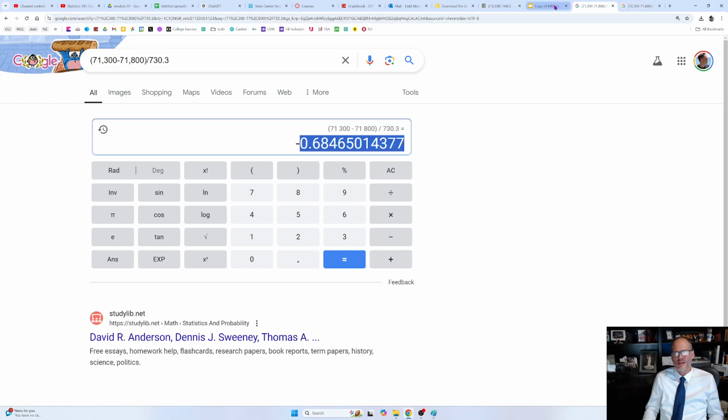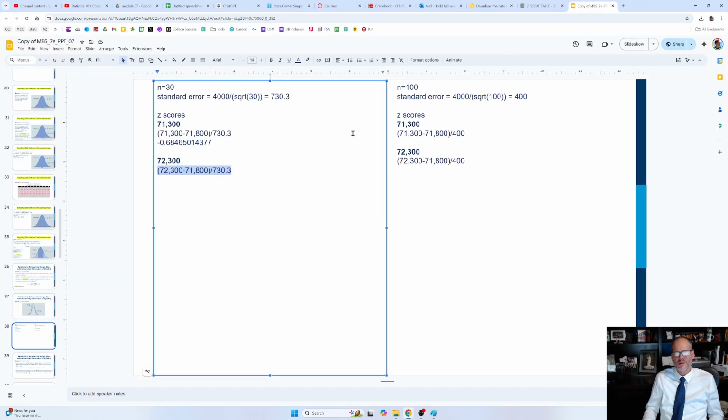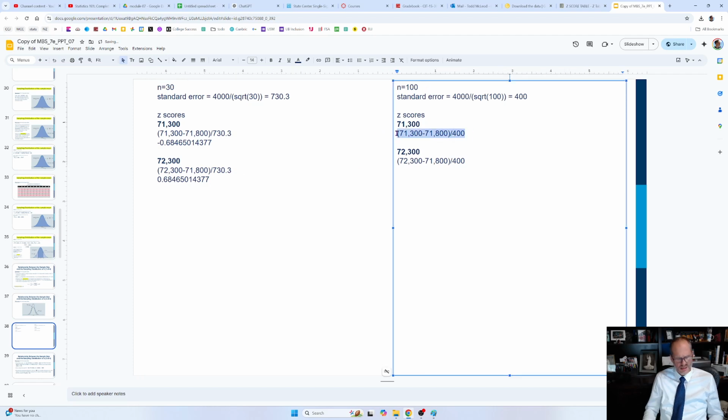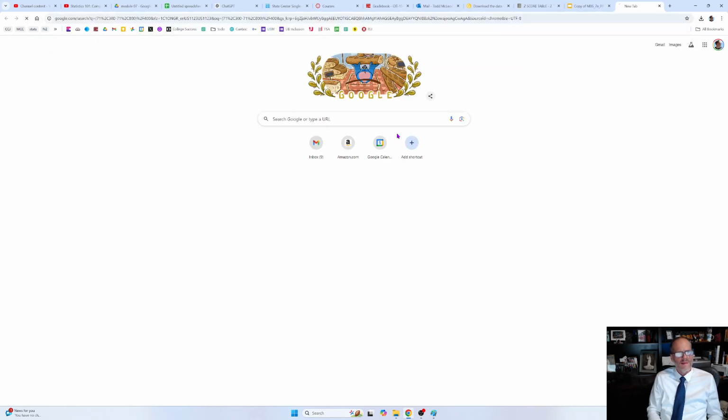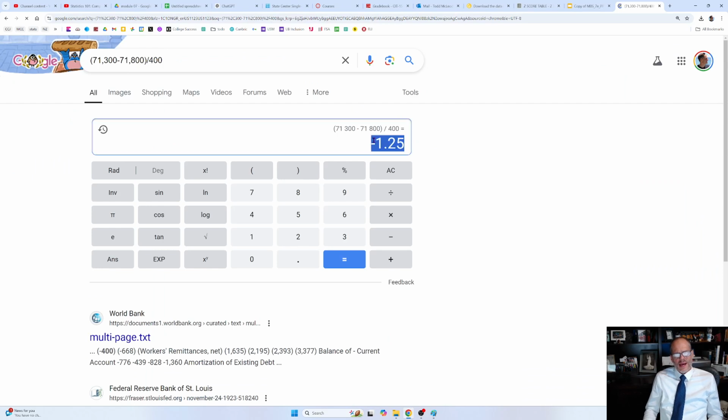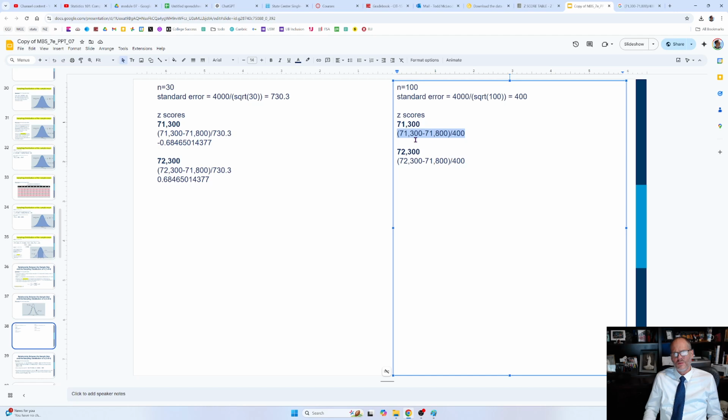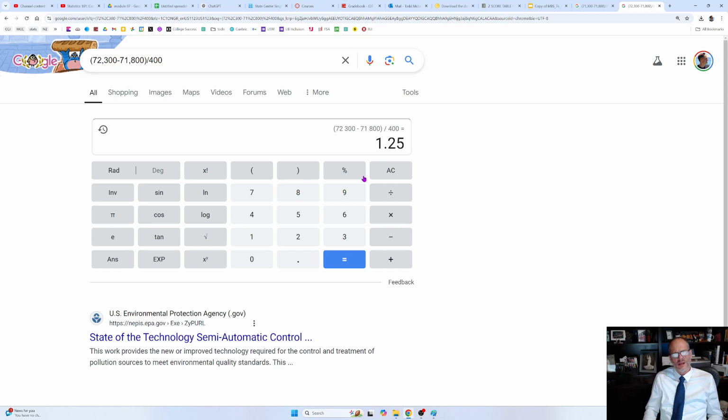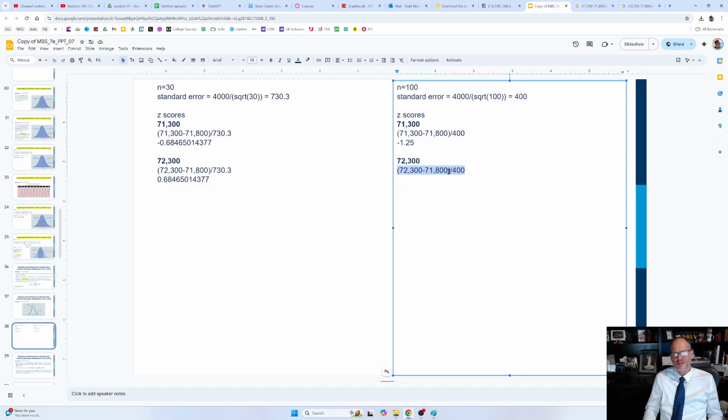And put that down with this one. Put that here. And then this one here is going to be that. Cool, I got it. And then with a smaller value in the denominator, we got a bigger z-score, right, which makes sense.